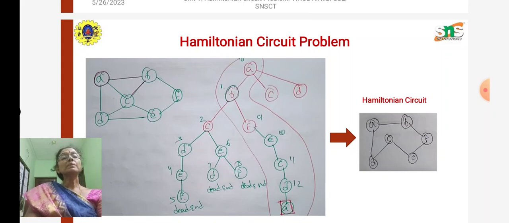The path is A to B, B to F, F to E, E to C, C to D, and D to A. This is the Hamiltonian circuit for the given graph.